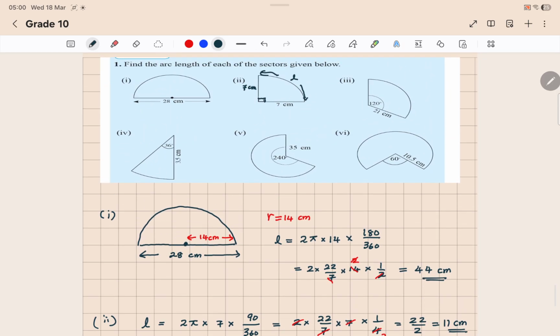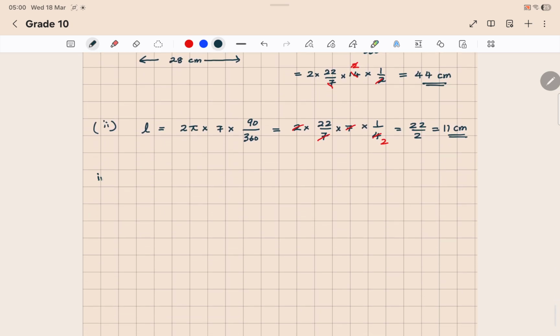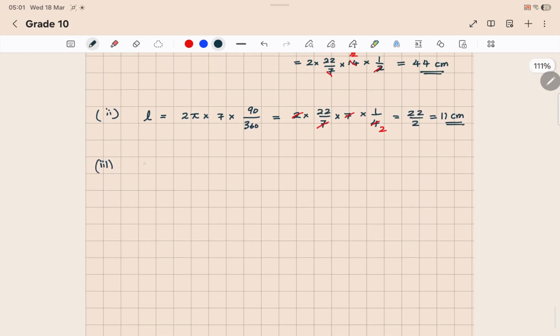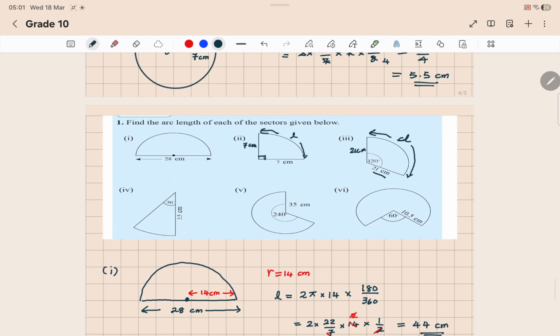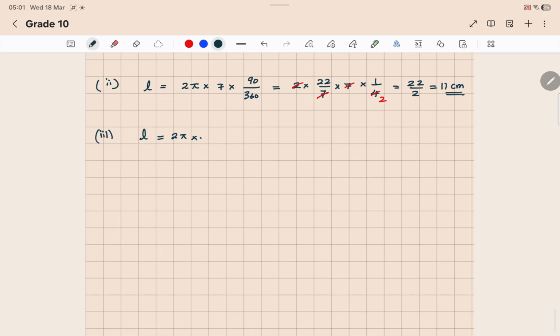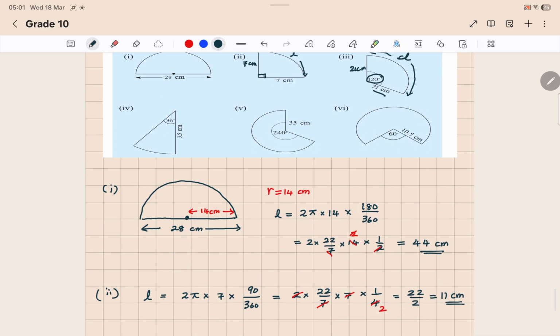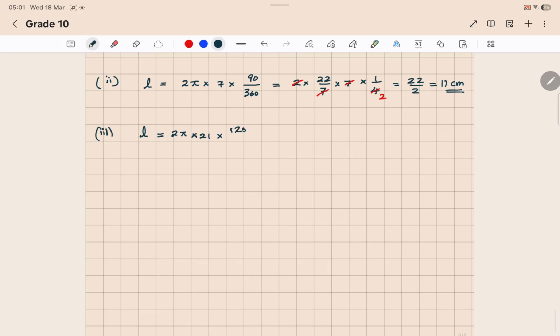Next, look at the next shape. The radius is 21 centimeters and the angle is 120 degrees. So for the third one, L is 2 pi, radius is 21, times 120 over 360, which is 1/3 of a circle.